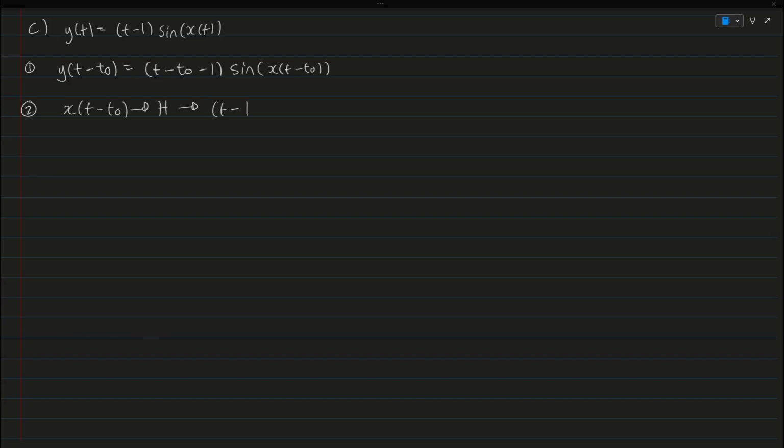We only shifted our input, so it's only going to affect whatever's inside, so x of t shifted by t0. That's it. So we could see that equation 1 and equation 2 are not equal to each other. So the system is time variant.